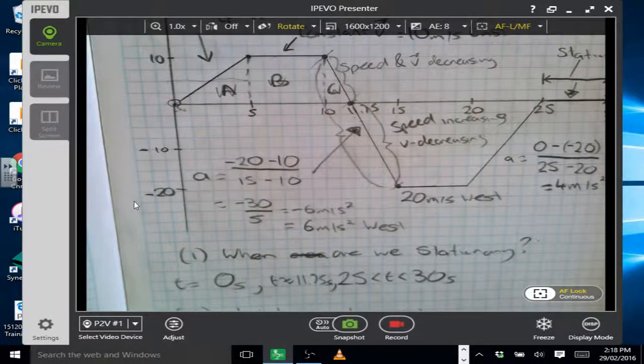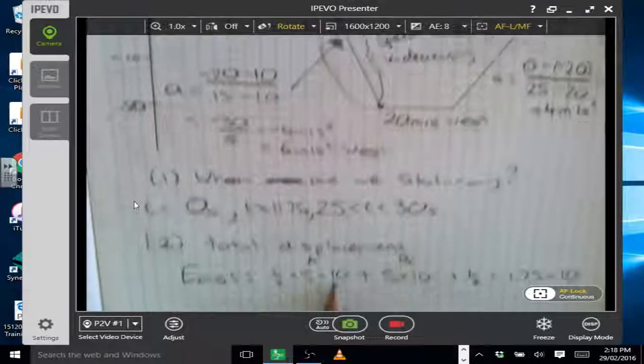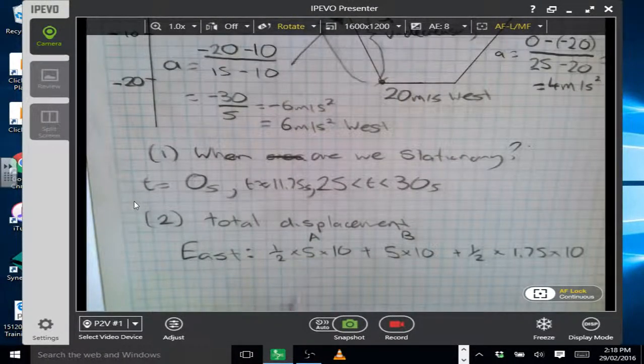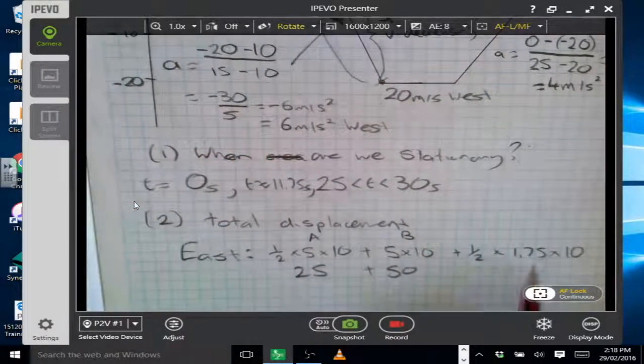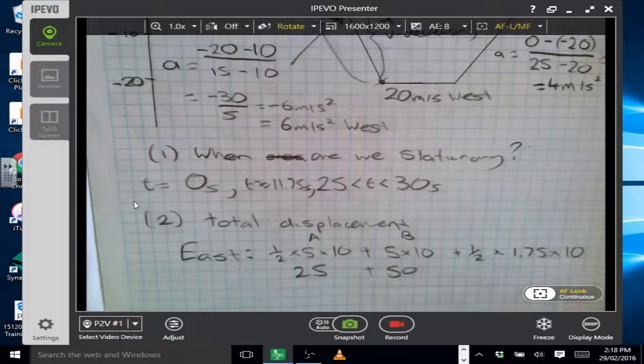Okay, 10 in height. All right, so 5 times 10 is 50, half of that is 25, plus 50. Okay, half of 10 times 1.75, I'm going to grab my calculator.